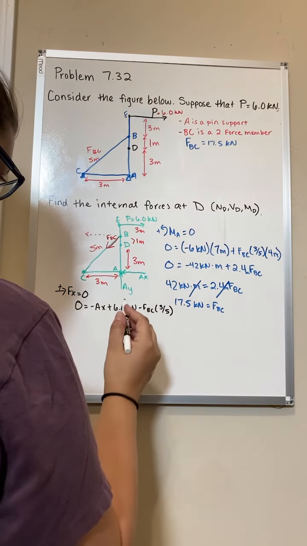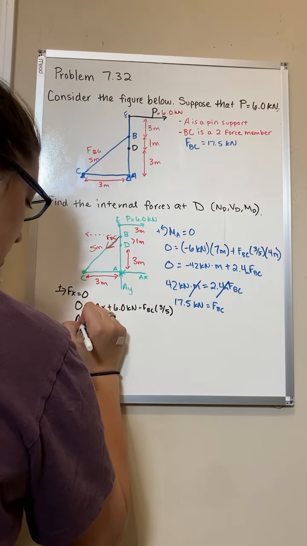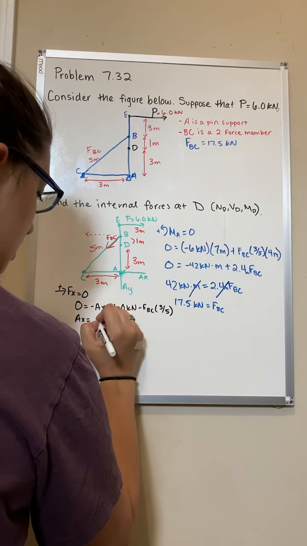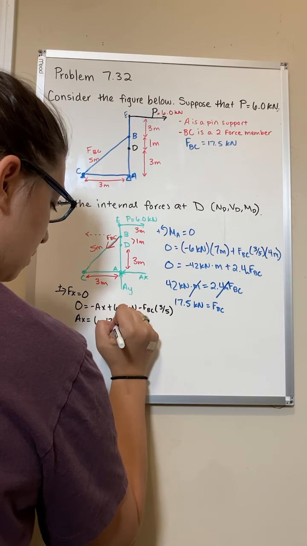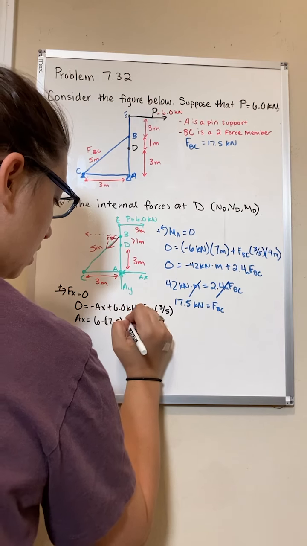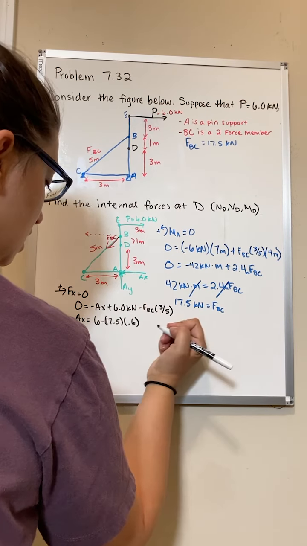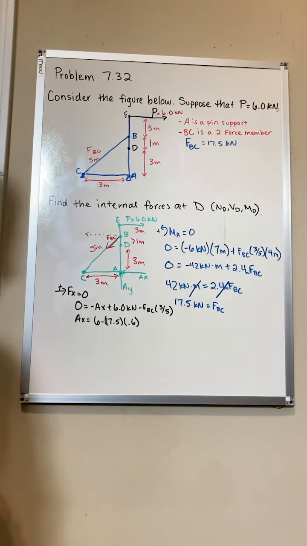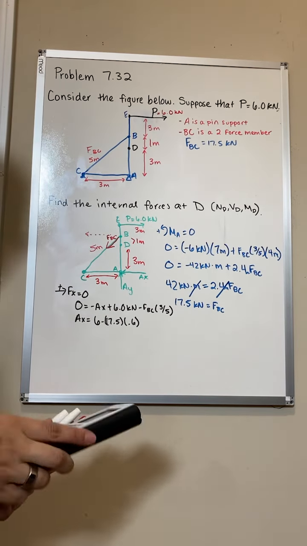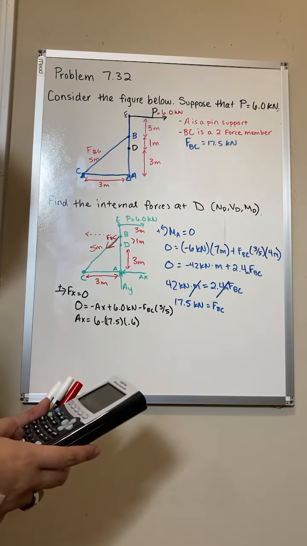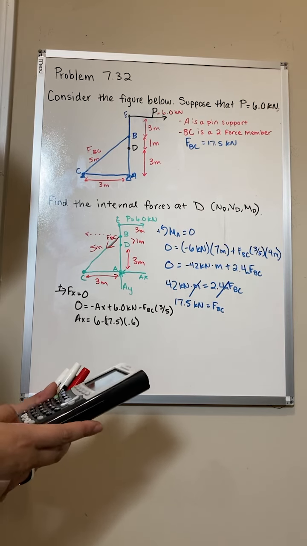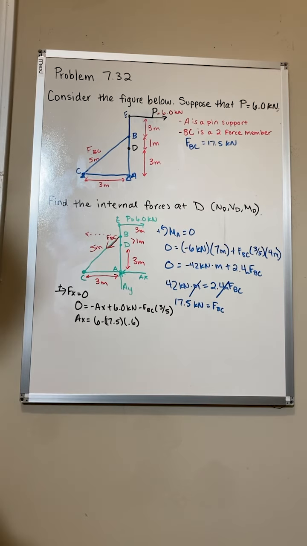And then this will be Ax is equal to 6 minus 17.5 times 0.6, which is, let me use my calculator, 6 minus 17.5, negative 4.5.